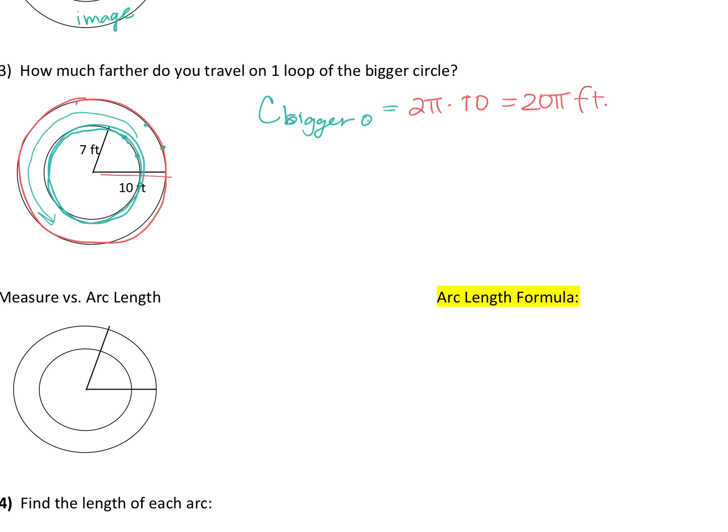What's the circumference of the smaller circle? Two times pi times 7, the radius of the smaller circle, or pi times the diameter of 14. So it's 14 pi feet.